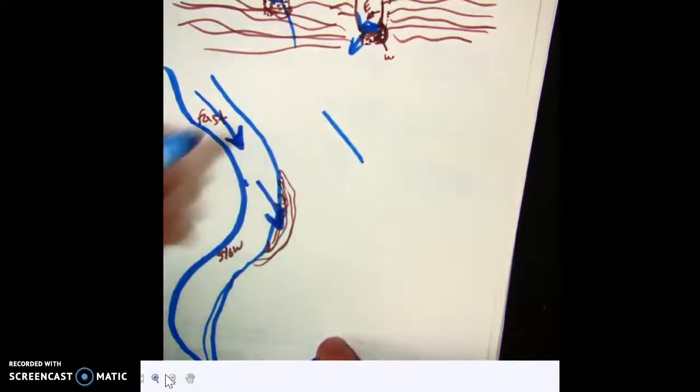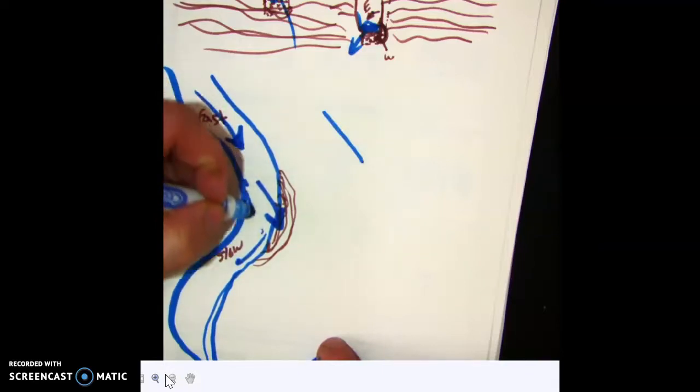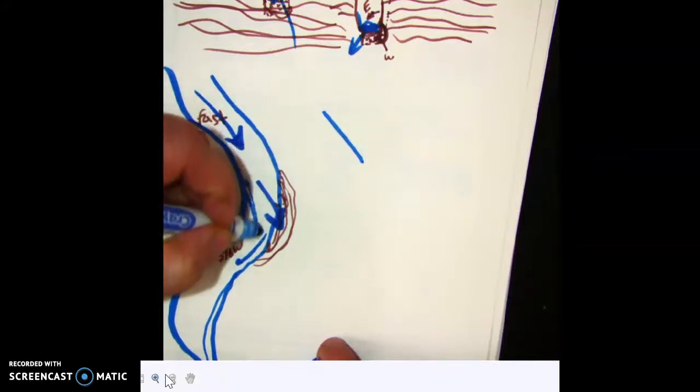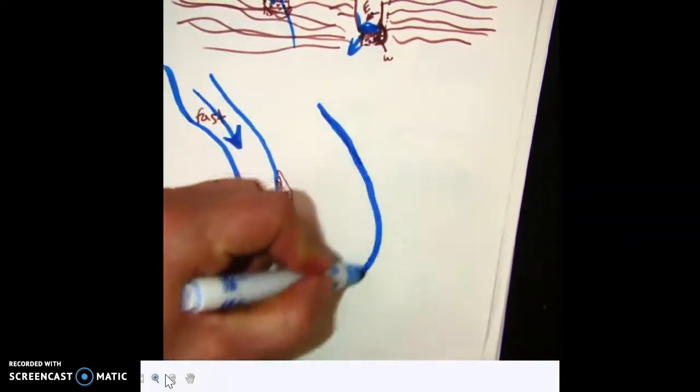When it runs into it, it's going to cut it away, and then it very slowly is going to start to go. This water here comes around the corner, goes straight, and the water has to slow down and come back into this corner. Okay, so the after picture is going to be basically the same.